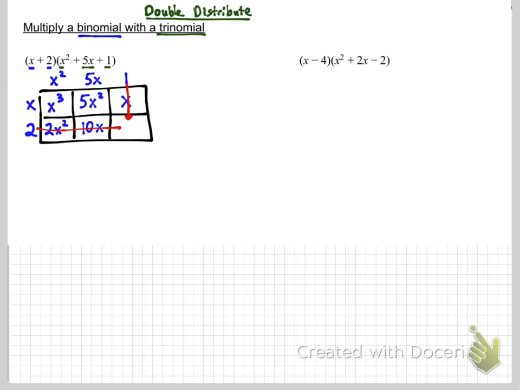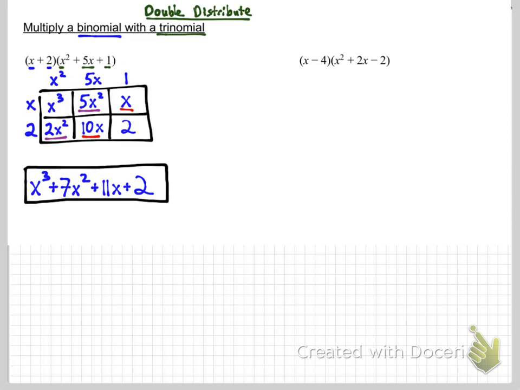And 1 times 2 is 2. So we get x cubed plus 7x squared plus 11x plus 2. And that is our final answer. Notice there were 2 sets of similar terms that I could combine there, and that often happens when you do a binomial times a trinomial.